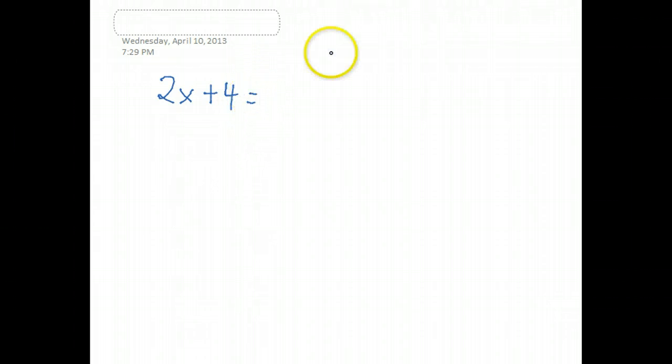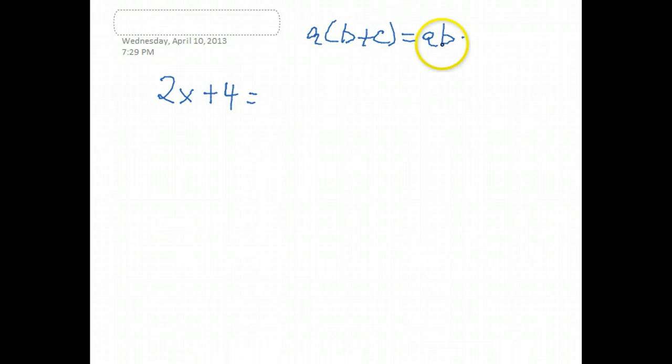Well, if you remember, a times (b plus c) is equal to ab plus ac. If I'm going to go in reverse, I need to figure out what this a is, which is the common factor.